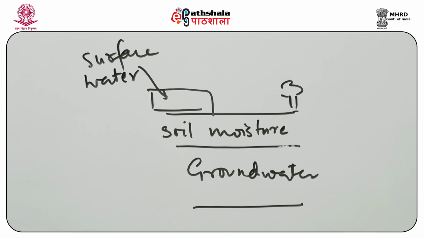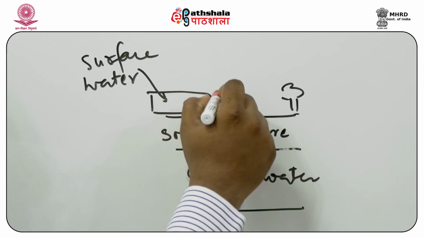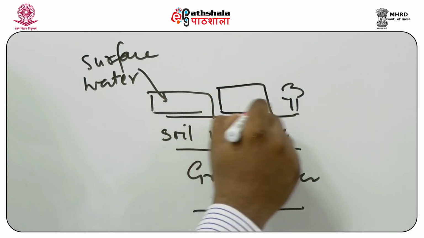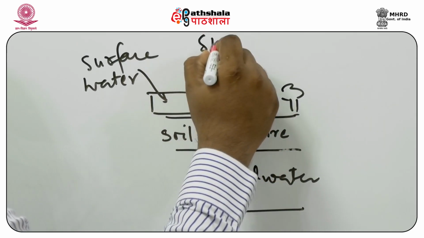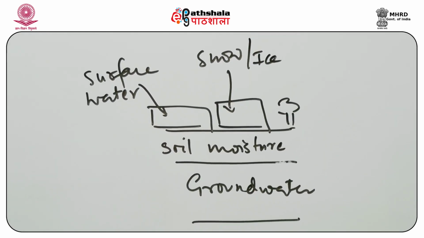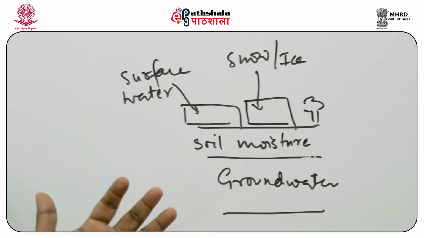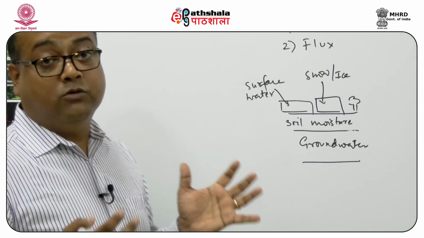Surface water includes lakes, reservoirs, and rivers. And also we have to understand that there is the snow component, which is basically the snow and ice. So these are also forms of storages. Integrated, on the surface or above the surface, there are surface water bodies which are storing water.